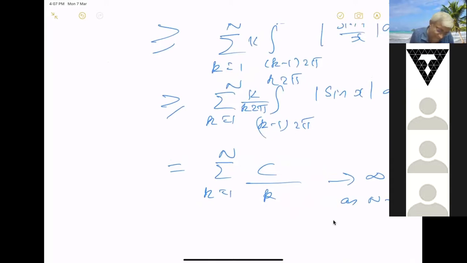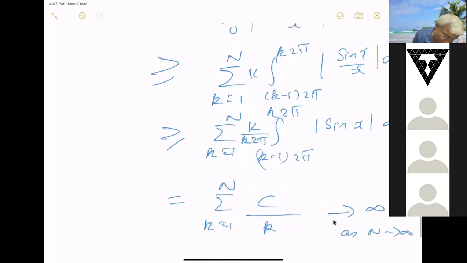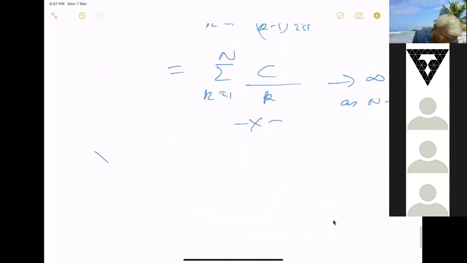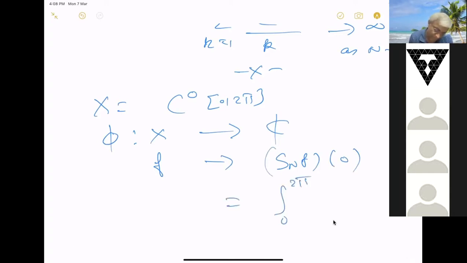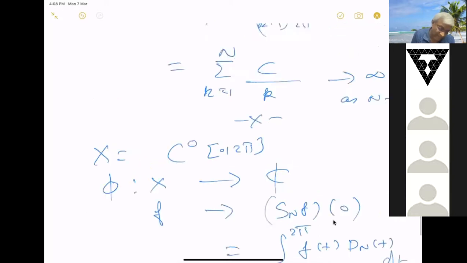So we have that this number goes to infinity. Now we will define a linear functional on X. Now we call our X equal to C of 0 to 2 pi, and define phi, a linear functional from X to C, by f going to S_n f at 0, which is equal to the integral 0 to 2 pi of f of t D_n(t) dt, where D_n is that sine function we have defined.